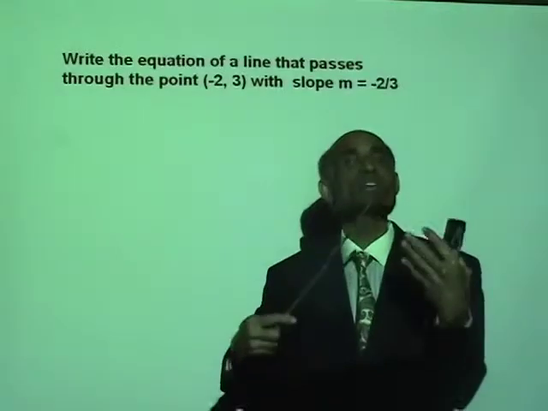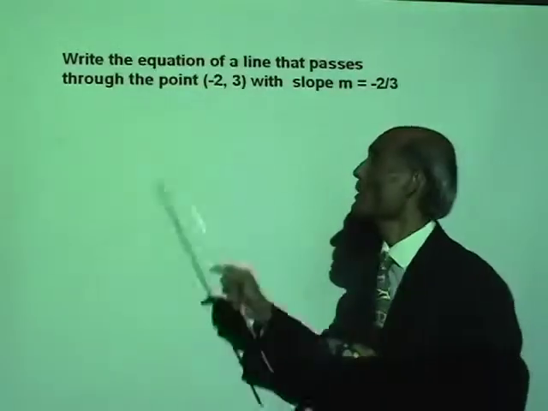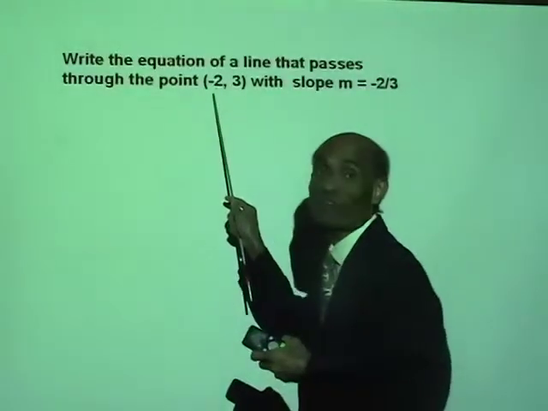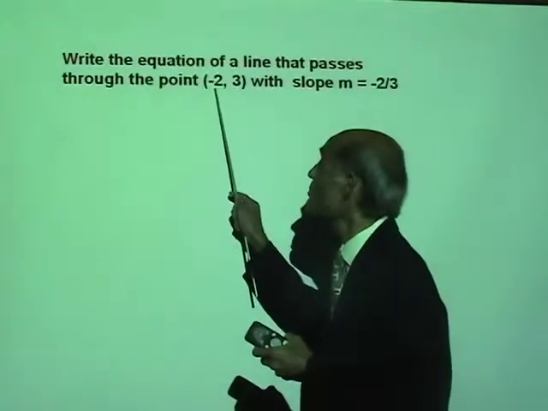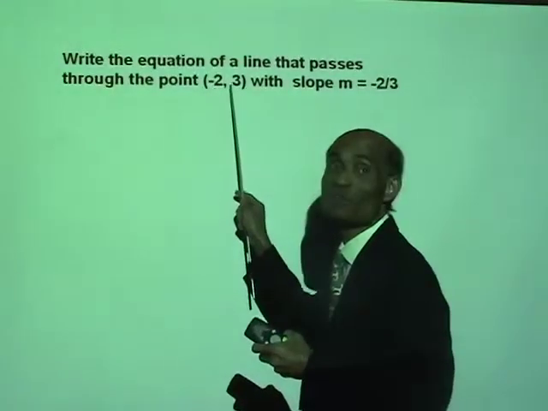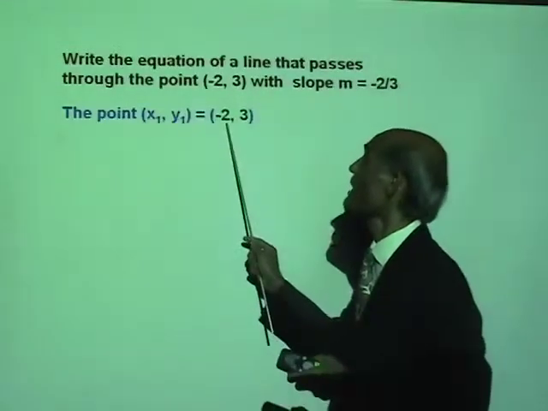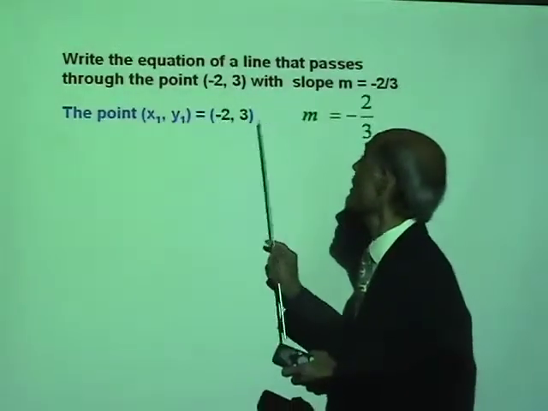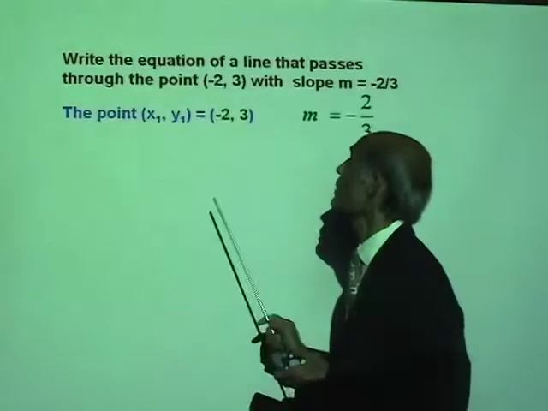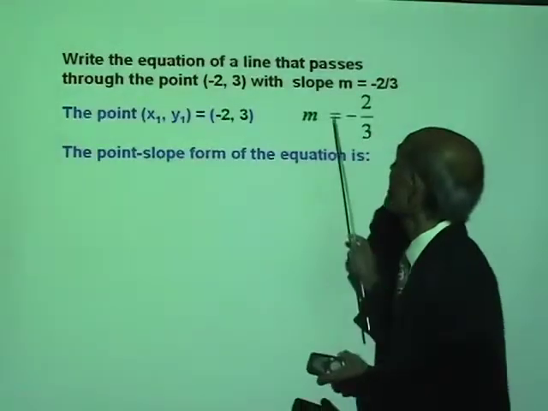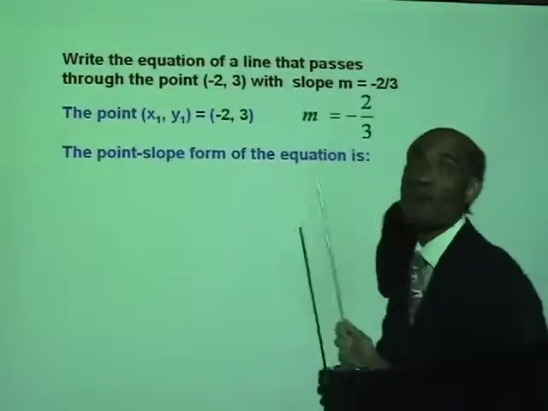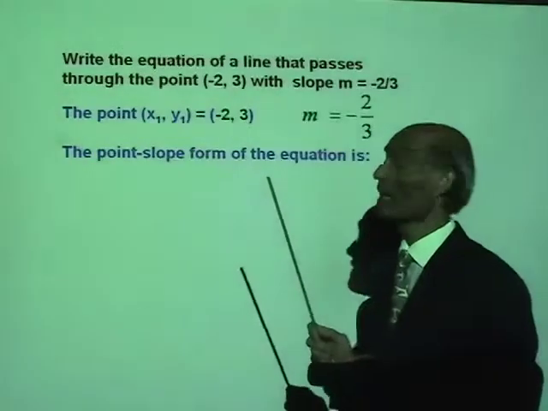So you got to deal with that fraction now. Well, the point is x1, y1. The value of x1 is -2. The value of y1 is 3. So there you got x1 equal to -2, y1 equal to 3, and the slope m equal to -2/3.